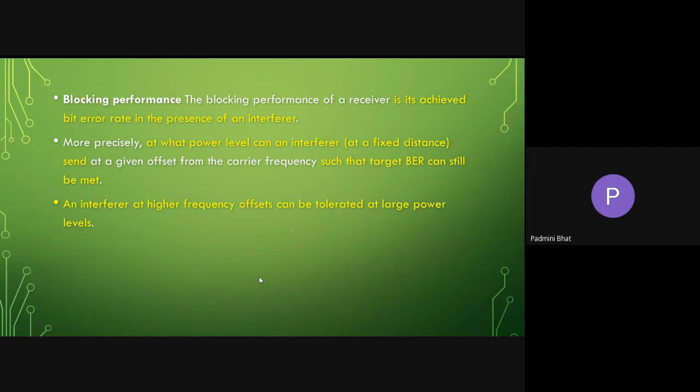Though the interferer is there and interference is happening, I can still manage to extract my data from that corrupted signal. So that I need to count. If I choose a higher frequency, you all know that high frequency is less susceptible to noise.